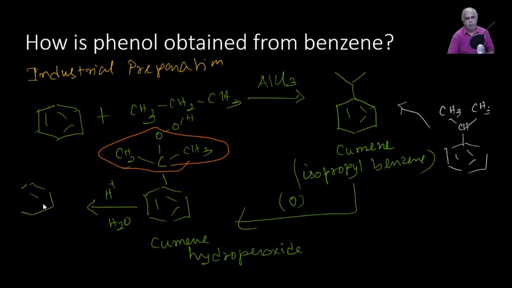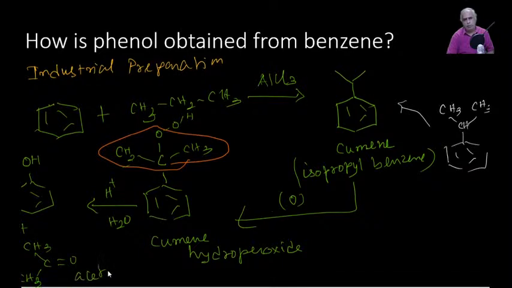Are you able to understand this? So you have to practice this. C6H5OH here, and this is available as a byproduct, which is nothing but acetone. So CH3, C double bond O, CH3. So this is acetone and this is phenol. Okay. So this is a very significant industrial preparation of phenol. Remember, this will be asked in problems also.